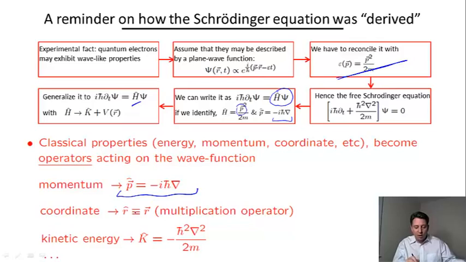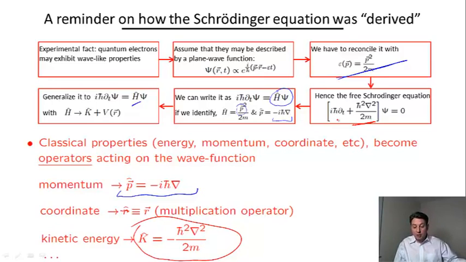So we can think about a coordinate operator, a multiplication operator, that, there should be actually a vector here, simply multiplies the wave function. And finally, the kinetic energy itself, the first step appeared here, and it was the second derivative with respect to spatial coordinates.